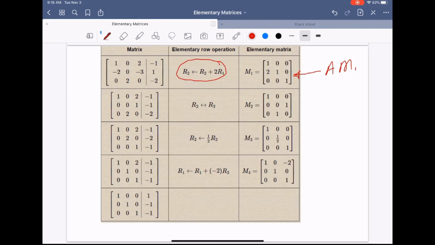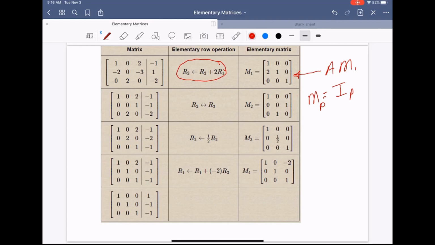All right, and notice that M1 I had earlier referred to as IP. So my MP would be equal to this IP. All right, so that's the first kind of elementary row operation. So we take row 2 here and we add to it 2 times row 1.